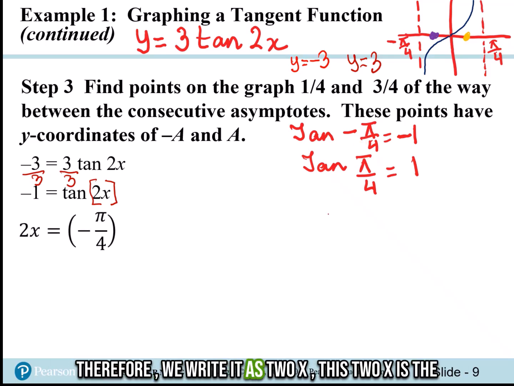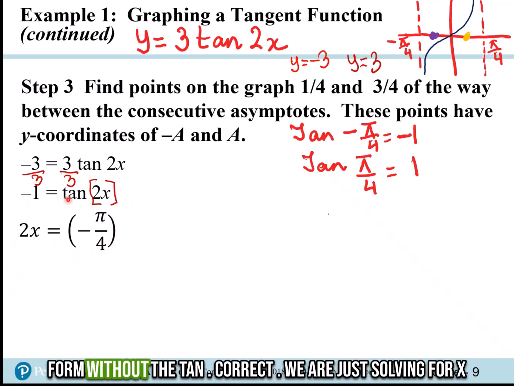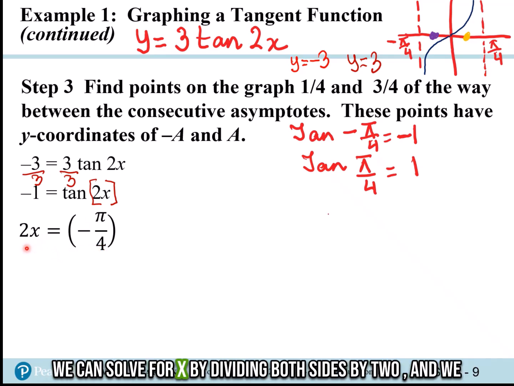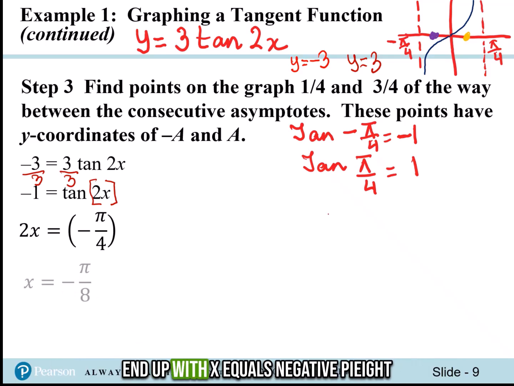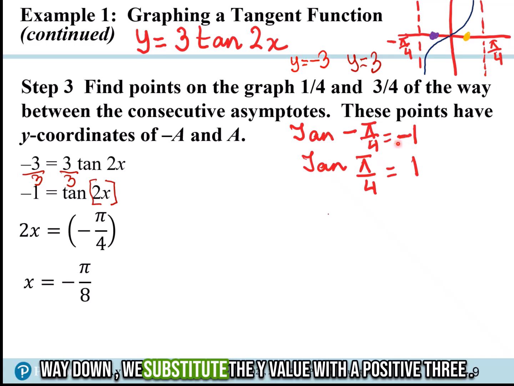We write it in equation form without the tan. We are just solving for x here. So 2 times x equals negative pi over 4. And now we can solve for x by dividing both sides by 2, and we end up with x equals negative pi over 8.